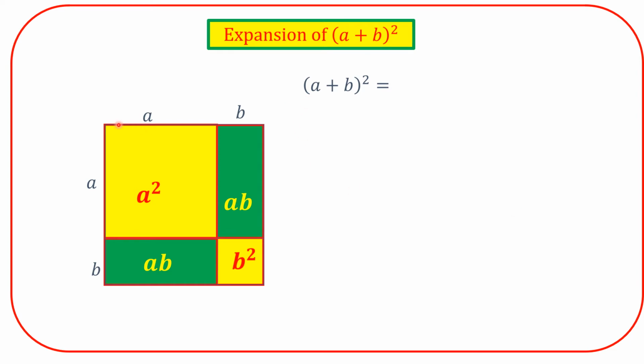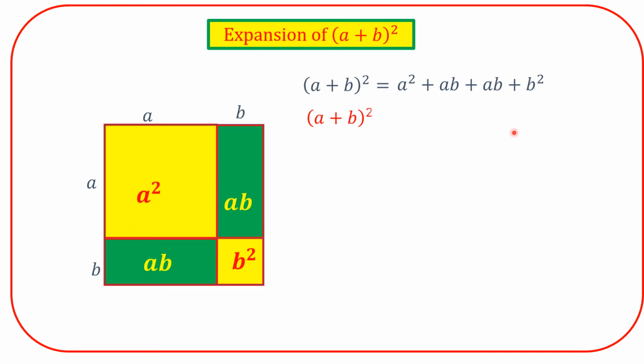Now the area of this larger, given, complete square is equal to the area of this yellow larger square, these two rectangles and this smaller square. Now we add all the areas, that is a square + ab + ab + b square.